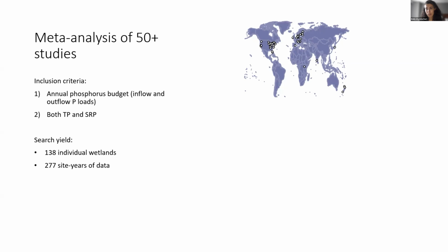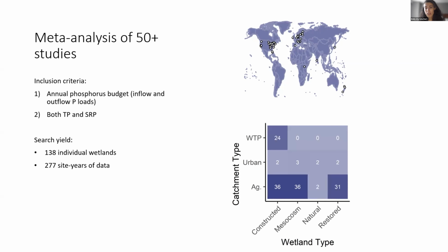You can see those wetlands are not really well distributed globally, but they're more in North America and Europe. We also looked primarily at wetlands in agricultural catchments, but also included wetlands that are intended for treating effluent from wastewater treatment plants and a few that are in urban settings. And we're looking primarily at those constructed and restored wetlands.